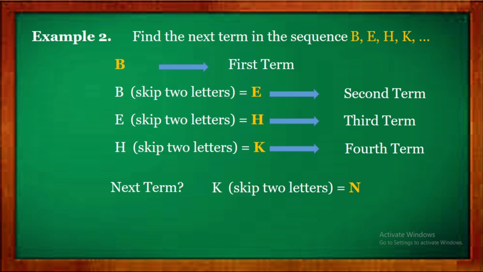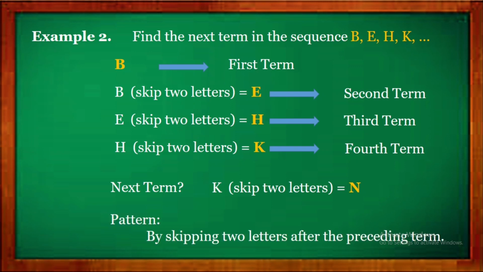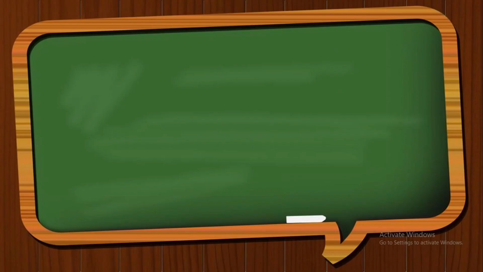And the pattern again that we applied in this sequence is by skipping two letters after the preceding term. Remember that sequences have two most common types, and those are what we call arithmetic sequence and geometric sequence.